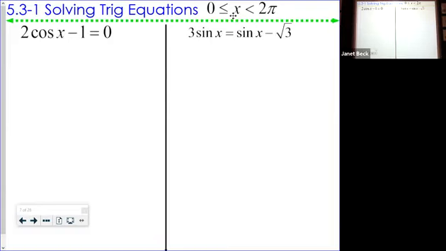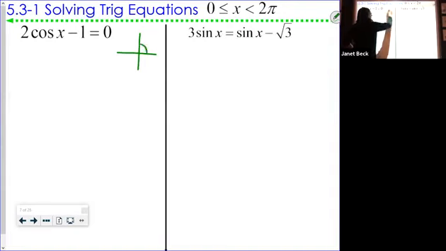It's telling us that our x, our angle, must be in radians, and it's somewhere between 0 and 2 pi. So what we're going to do is take this equation and say which angles, as I go all the way around the circle, are going to make this equation be true.